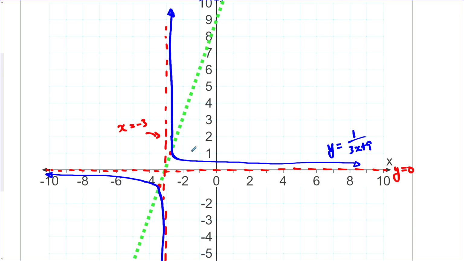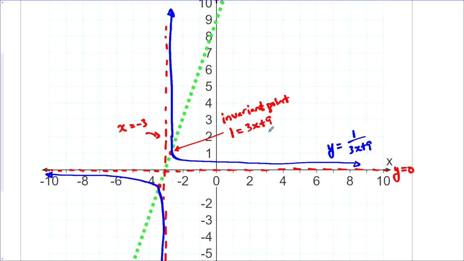If we needed the invariant points, we could find that point right there by solving the equation 1 equals 3x plus 9, or 1 equals 1 over 3x plus 9. They both give us the same answer, so just pick the easiest one to solve.